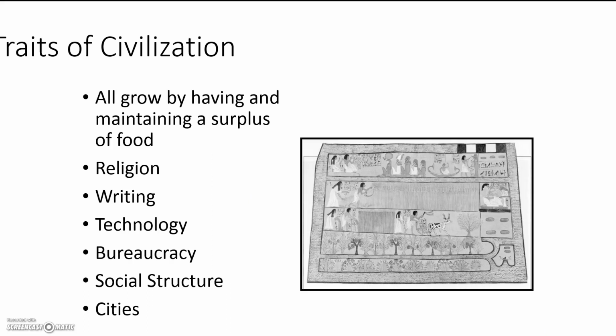Crucial to know that all civilizations have several traits. This is the most important: the fact that they can all grow by having and maintaining a surplus of food is critical. They all practice some form of religion, whether it's monotheistic or polytheistic. Monotheistic simply means they believe in one God.